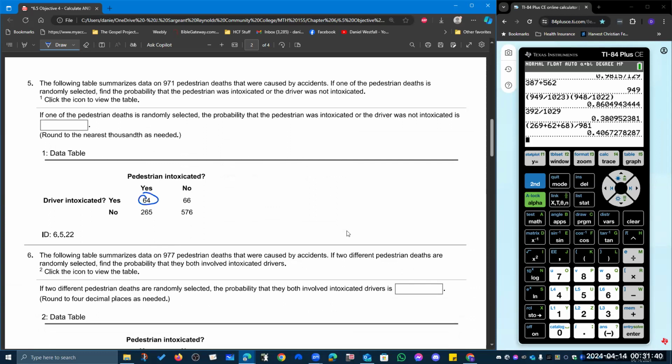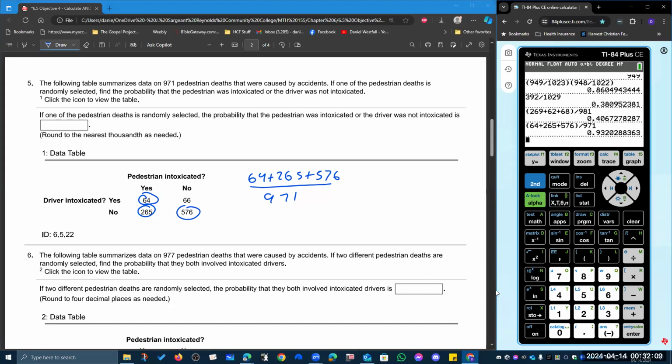So pedestrian was intoxicated or the driver was not intoxicated. 64 plus 265 plus 576 divided by 971 is 0.932.